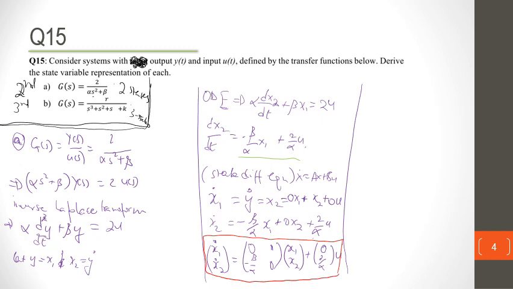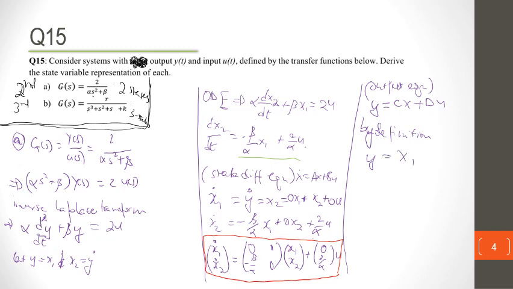The next one is the output equation. The output equation is y is equal to Cx plus Du. Now, by definition, y is equal to x1.